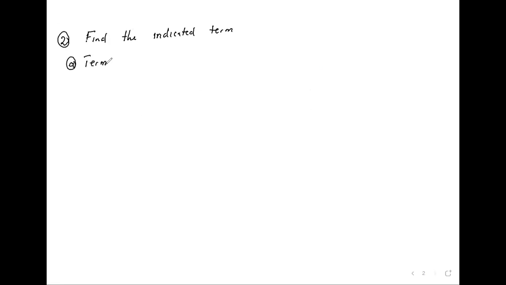I want to find the term independent of x in the expansion of (x minus 1 over 2x) to the power 20.